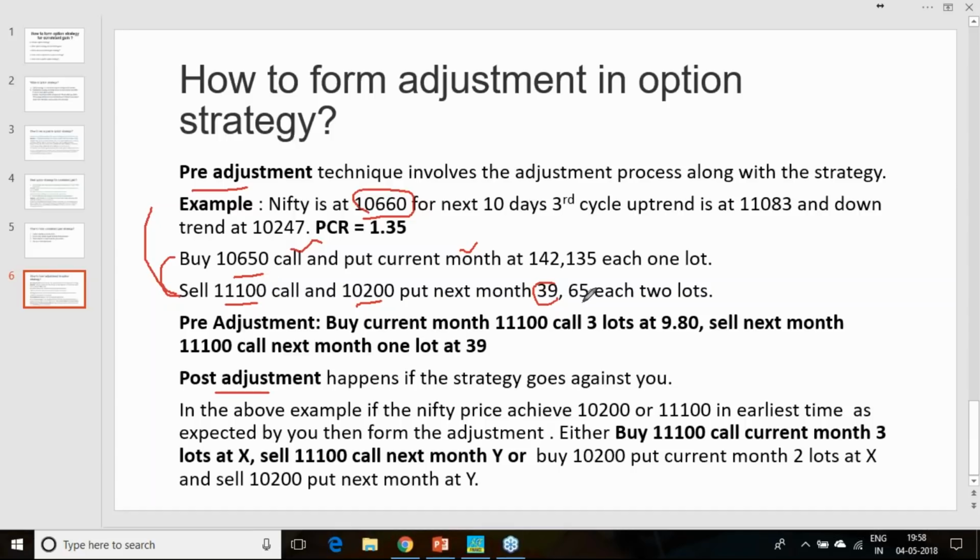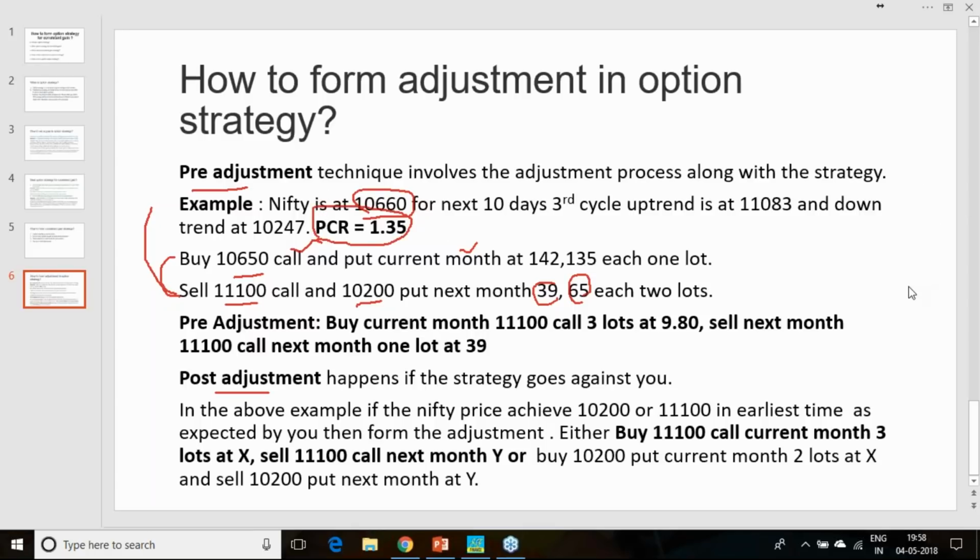In the same way, I have sold 65 here. If it goes below 10,135, I have an unlimited loss because I sold two times and bought one time. So this is the situation. What should I do? If I am going for a pre-adjustment, then I have to look into the PCR. PCR is telling me 1.35.